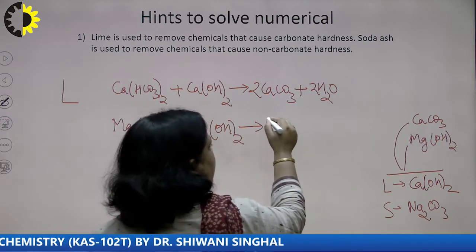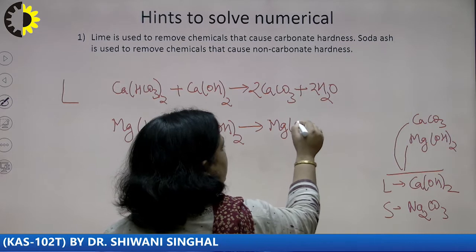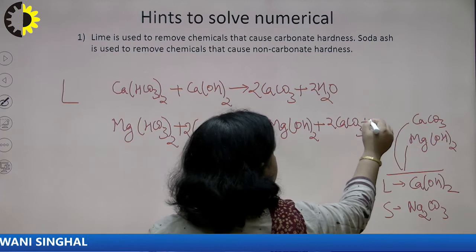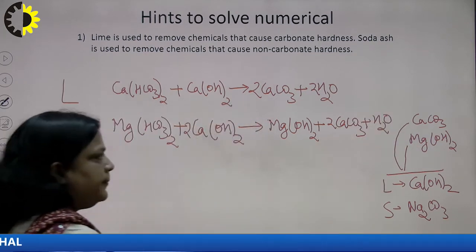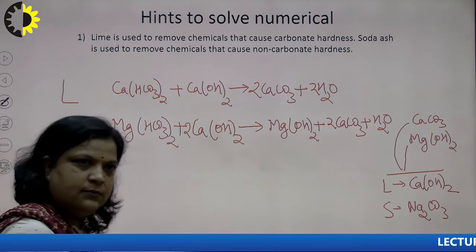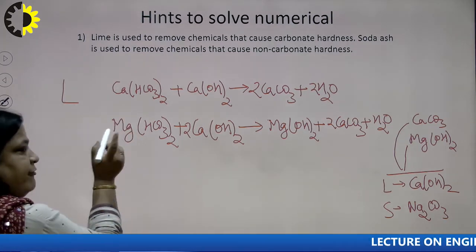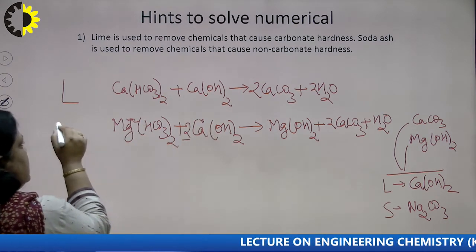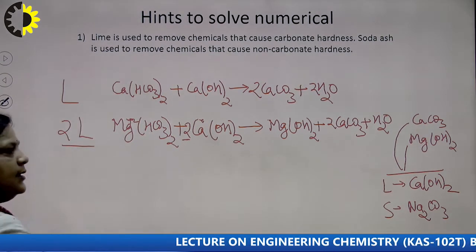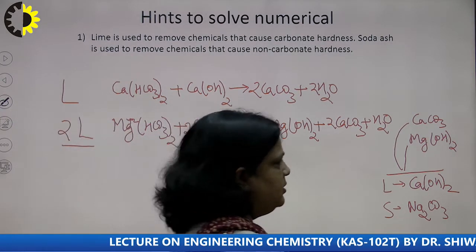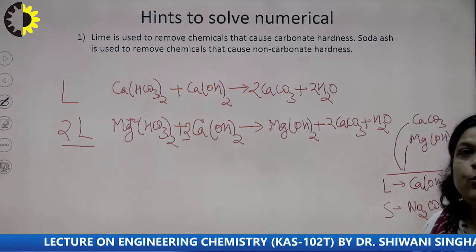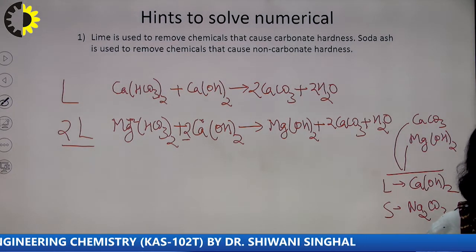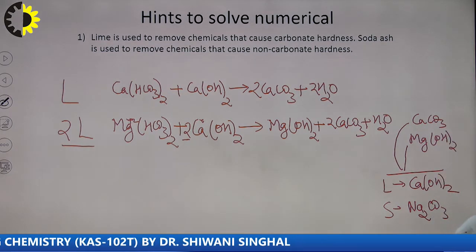So the reaction will be Mg(OH)2 plus 2CaCO3 plus water. Nothing is left. And if we check the stoichiometry, magnesium plus 2, here plus 2, so 2 this extra. So to remove the temporary hardness producing salt, that is bicarbonate of magnesium, we require 2 lime. So when we do the numerical, to remove magnesium bicarbonate, we require 2 times lime.